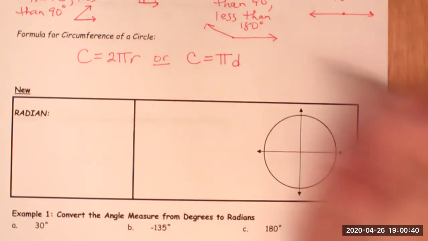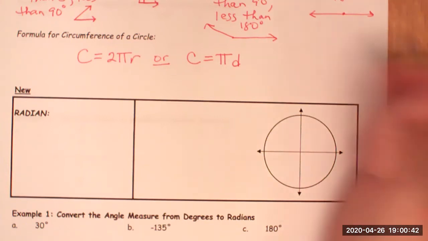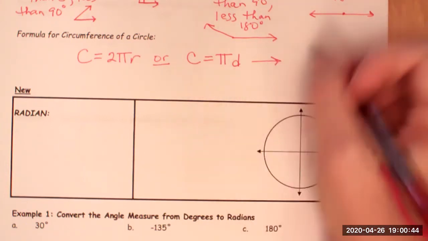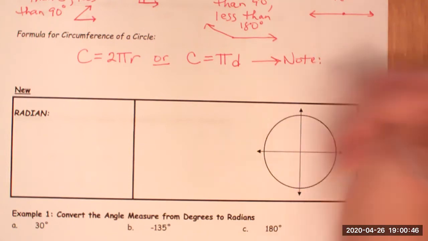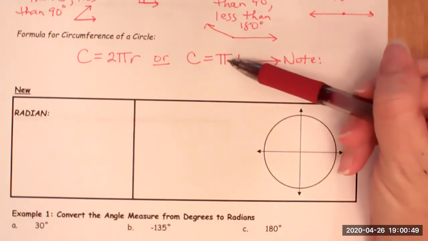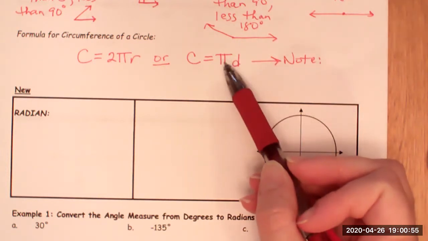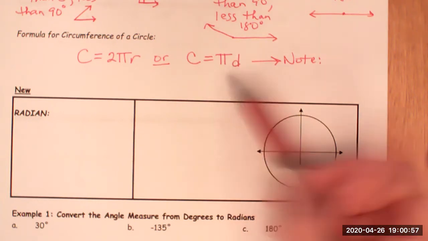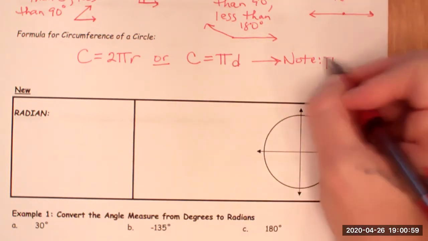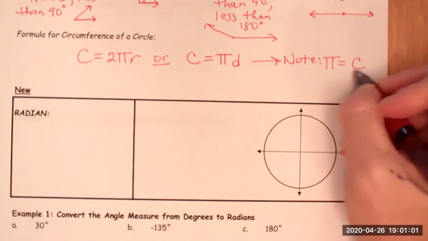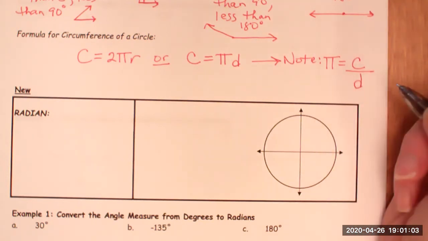And of course, what that leads to is to note that if I wanted to solve for pi, we can remember that the value of pi, that constant, if we were to solve this equation for pi, we would get that pi is equal to the ratio of the circumference to the diameter in every circle.